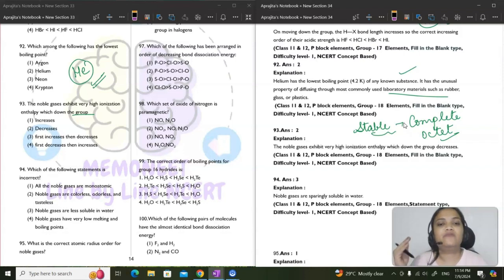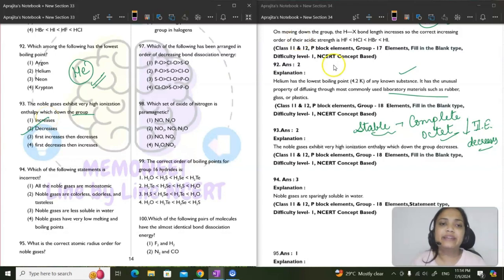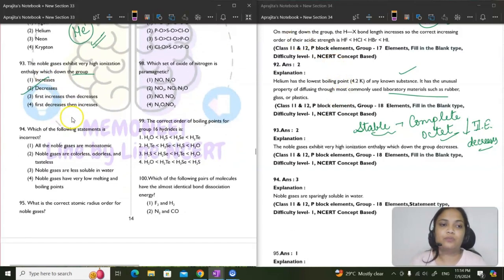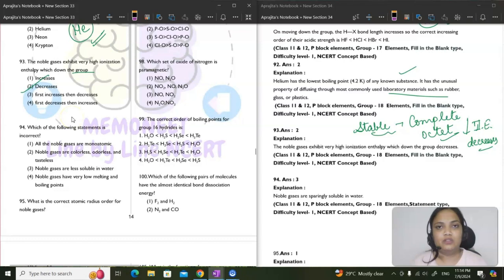Okay, but we know that whenever we are moving down the group, the ionization enthalpy or the ionization energy decreases. Why? Because the size of the atom is increasing. Because of the increase in number of shells, the outer electrons are moving away from the nucleus, and because of the increase in size, the nuclear attraction decreases, so lesser energy would be required to remove that outermost electron. So the ionization enthalpy would decrease when we are moving down the group, be it noble gases also.